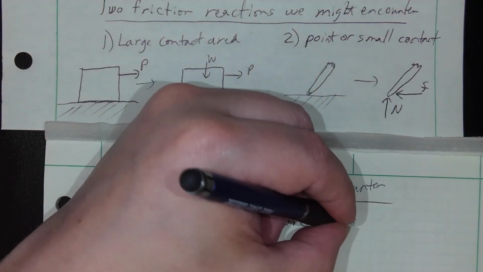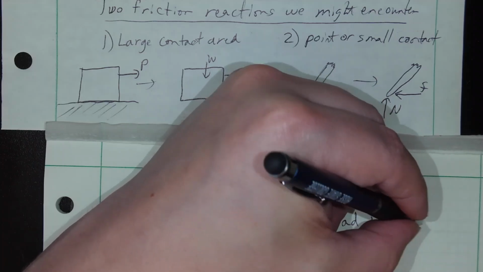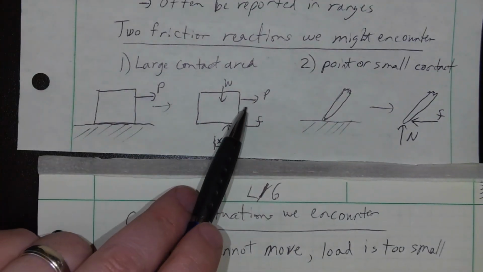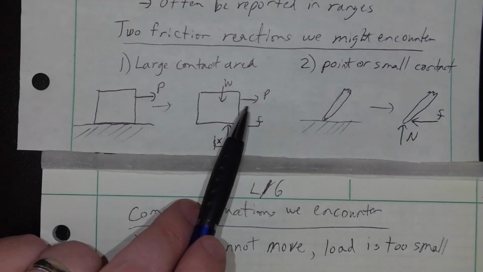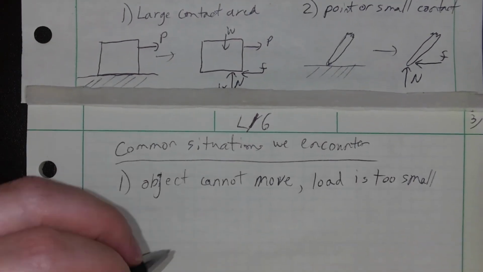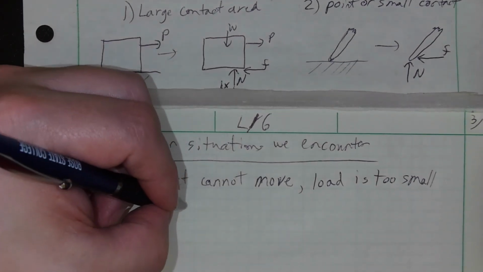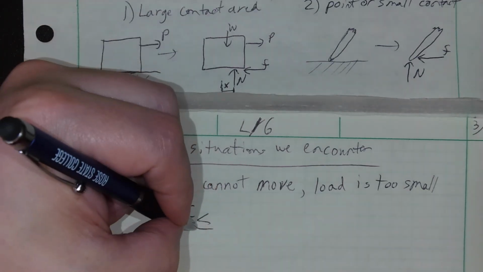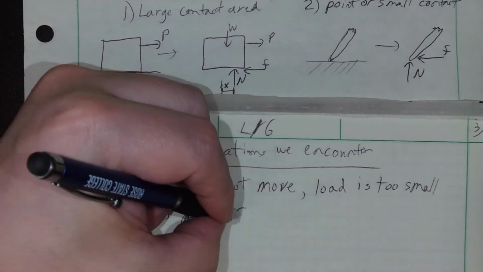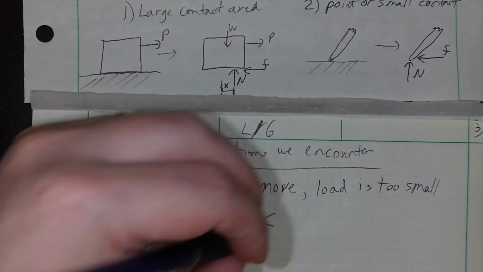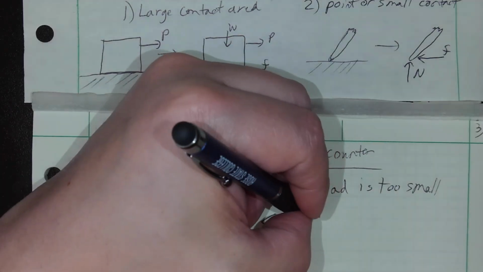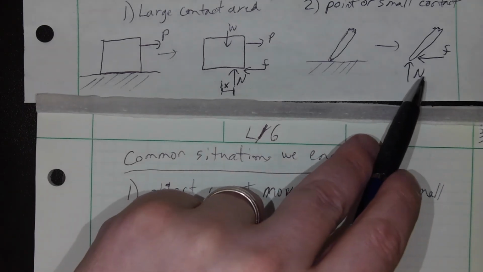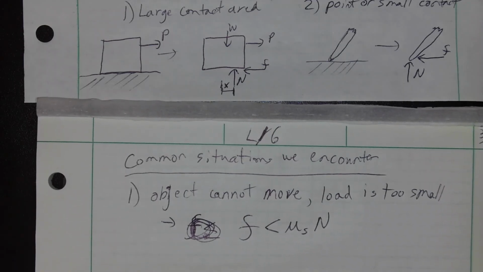Simply saying the load is too small. So if I've got this box here and I apply a force P to it and I don't apply enough P to cause this thing to start sliding, well, what that tells me then is that the friction force is going to be less than, at most, well, let's just say less than mu sub s, the coefficient of static friction, multiplied by the normal force, which gives you the limit of the friction force.